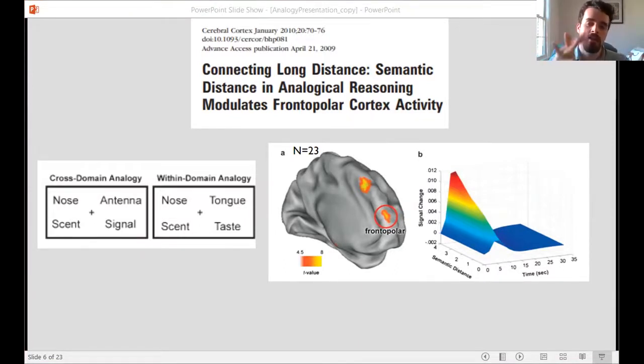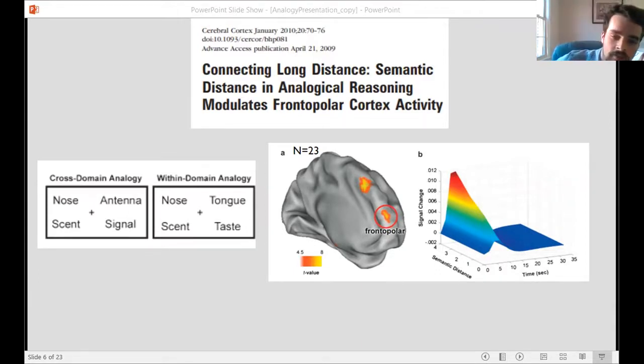So when you do trials that have higher semantic distance versus lower, where do we see more activation? What we found here is, again, this frontopolar cluster emerged. Basically, we parametrically varied semantic distance values, and this analysis revealed that semantic distance predicted activity in the frontopolar cortex during analogical reasoning. And this is even after we controlled for the effects of task difficulty.